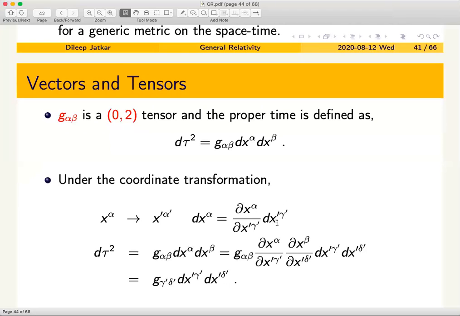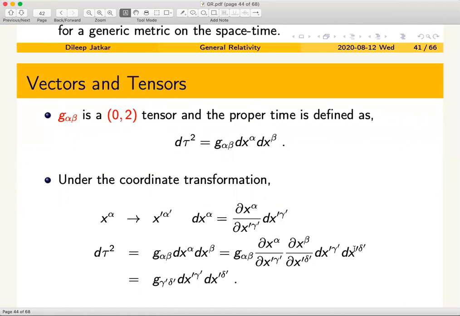And using this, we can ask what happens to the proper time. The proper time would be written as g_αβ, and dx^α and dx^β would be replaced using this rule, which gives us g_αβ times ∂x^α/∂x'^γ' times ∂x^β/∂x'^δ' times dx'^γ' dx'^δ'.